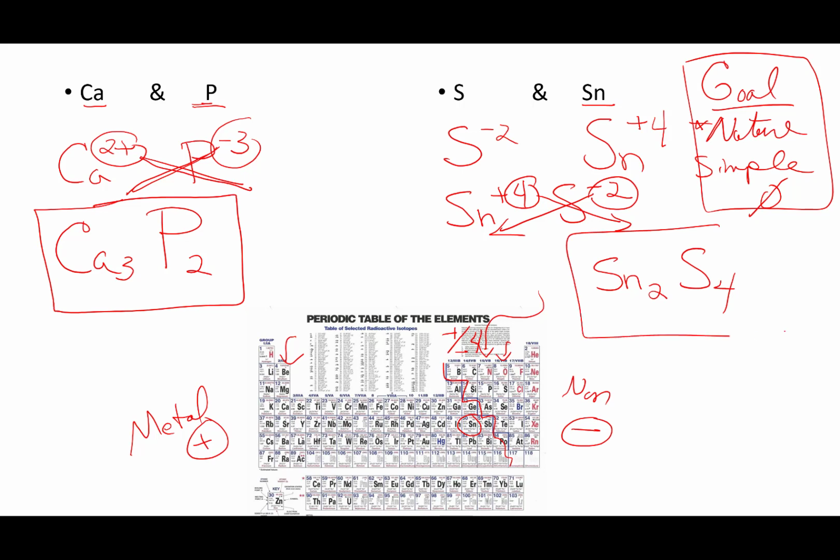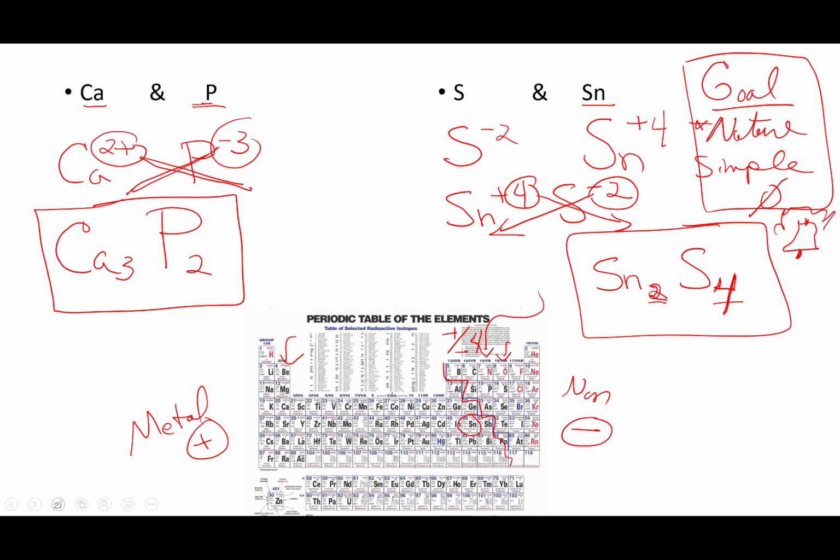So if you end up with a compound like this, and you have a 2 and you have a 4, that should ring a little alarm bell in your beautiful little brain. I'm trying to draw a bell. A little bell should go off in your brain, and you should say, uh-oh, that's not right, because nature's going to make the simplest absolute compound it can. And if this number and this number have a common denominator, you can divide them both by something, then do.